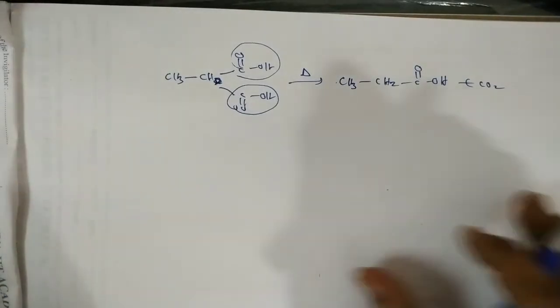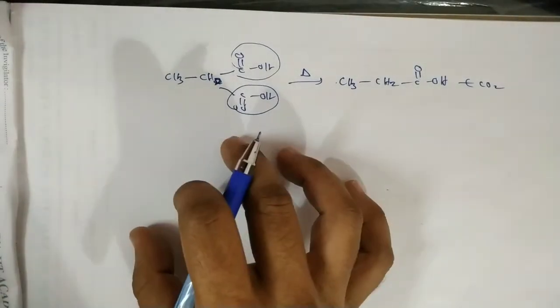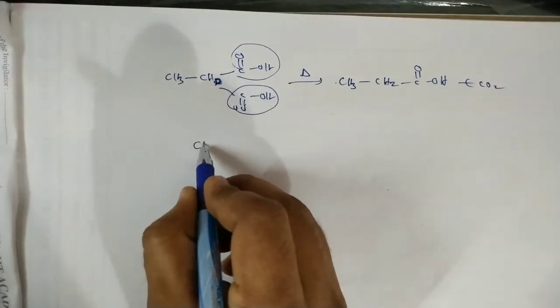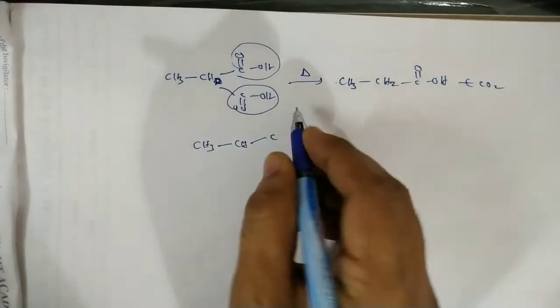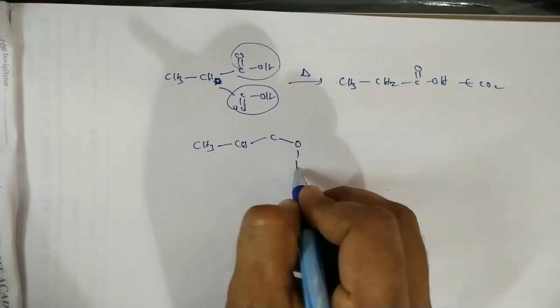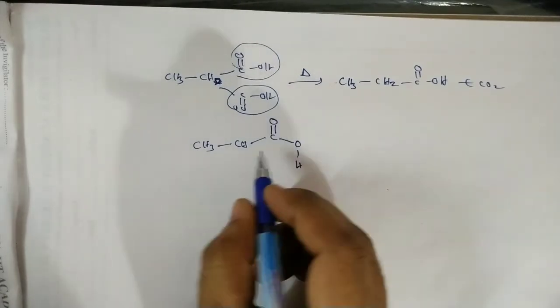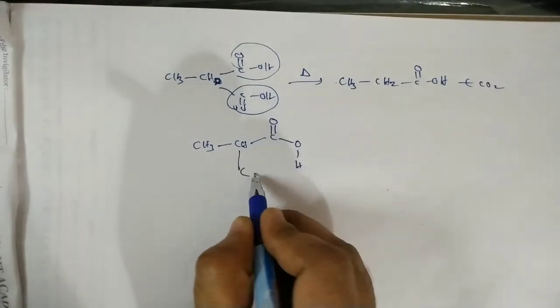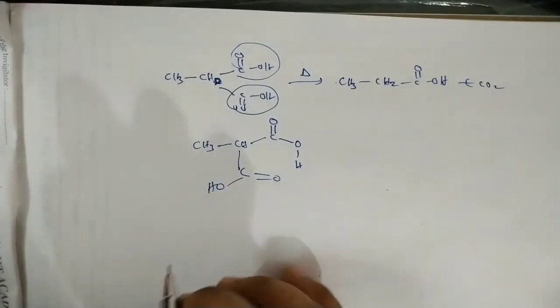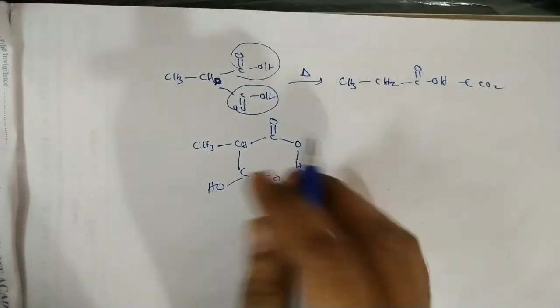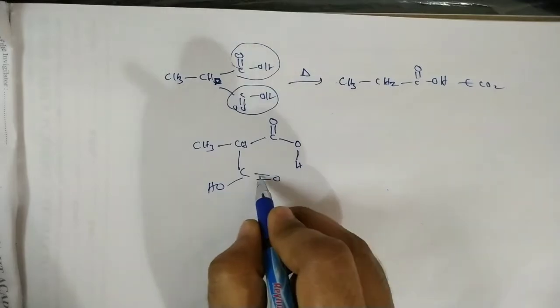Now, how does this reaction take place? Again, in a similar fashion as in the case of beta keto acids. So here OH, here double bond O, here C double bond O and OH. Again the migration of electrons takes place.